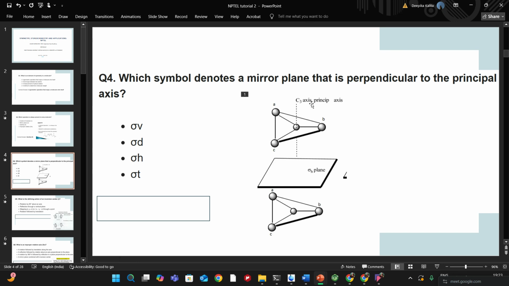So as we know that if Cn is the principal axis, then the plane which will contain Cn will be sigma V, and the plane which will be perpendicular to the principal axis will be called the sigma H plane. Hence, the correct option is sigma H.